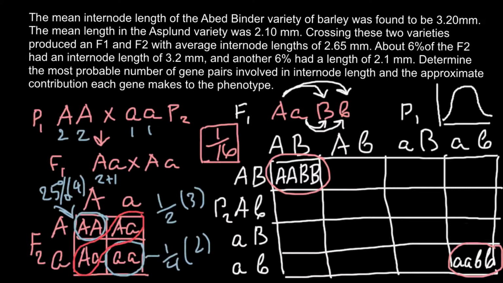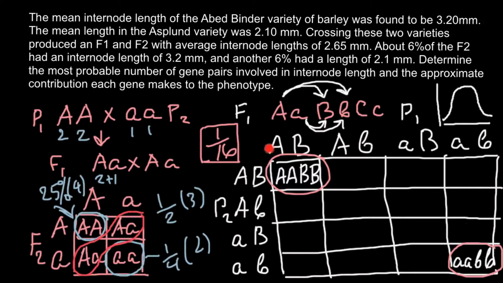As you understand, with each new gene that controls the trait, with each new allelic pair, the number of gametes, the variants of the gametes, would double. So if we saw, for example, that the trait is under the control of 3 genes, and the F1 generation would be capital A small a, capital B small b, and capital C small c, we would have double the number of gametes.